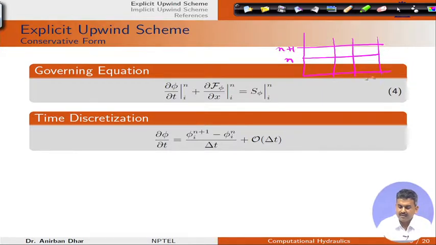For space discretization we have i minus 1, i, i plus 1. These values at n plus 1 are actually unknown and these are our known values.